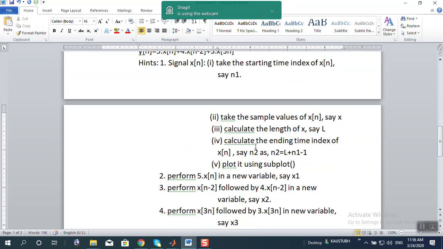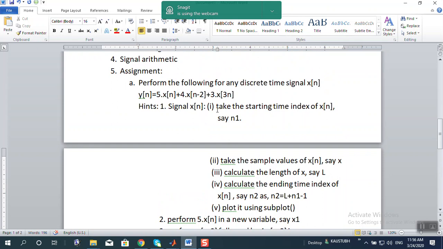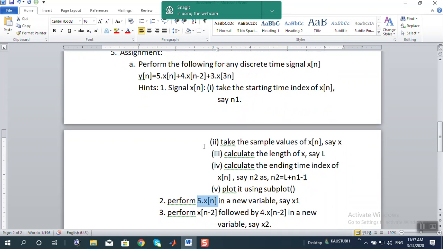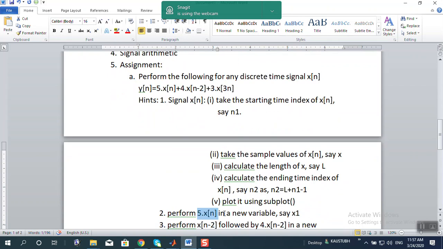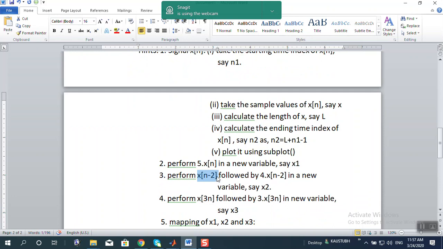For 5 into x of n, the time index does not change because it is an amplitude operation, so it remains the same as in the signal x of n. But for x of n minus 2, because it is a shifting operation, the time index will modify, so you have to consider the new time index.